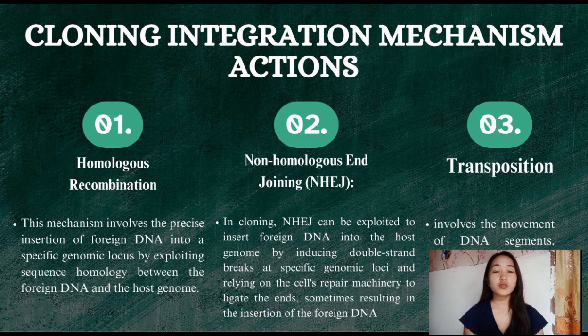So, homologous recombination. This mechanism involves the precise insertion of foreign DNA into a specific genomic locus by exploiting sequence homology between the foreign DNA and the host genome. Homologous recombination requires the presence of regions of sequence identity between the foreign DNA and the host genome, facilitating the exchange of genetic material.